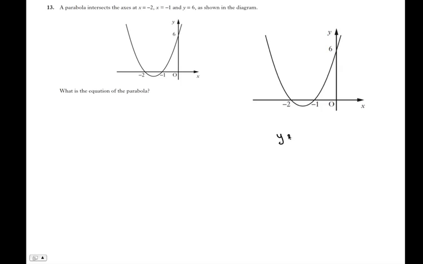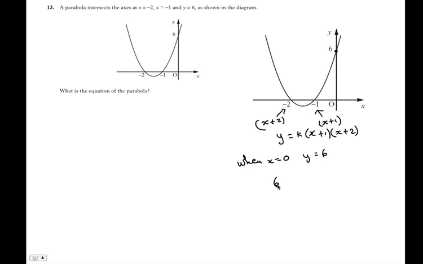So let's write down what the formula is as best we can. We know that it's x plus 1 times x plus 2 as the two factors, and a scaling factor of k, which we can identify from this. So when x equals 0, we know y is 6.